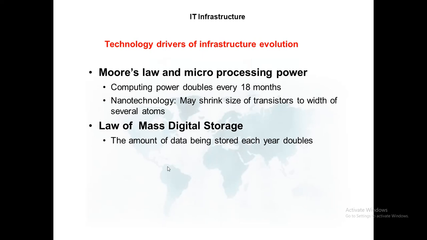Then the other thing is that, according to Moore's law, the price of computing falls every 18 months. So the prices for computing devices keep on reducing. If you bought a phone in 2019, the same model will be half the price now.